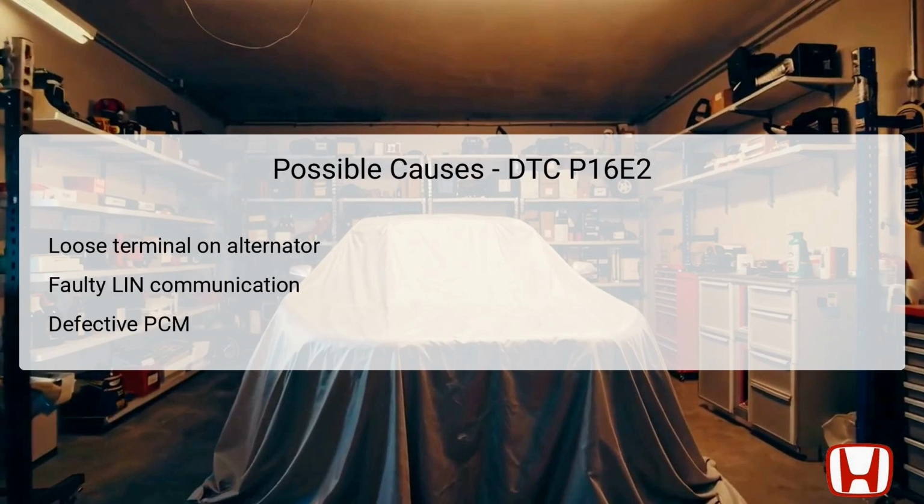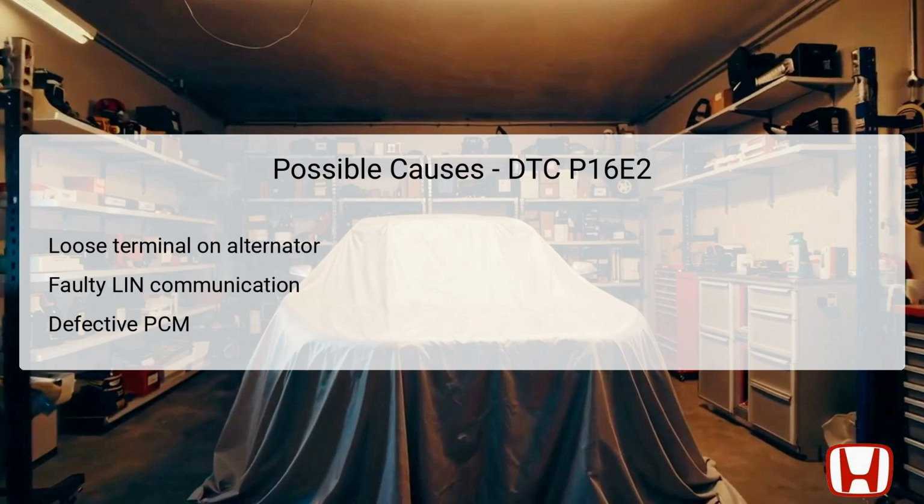Understanding the possible causes of the P16E2 error can significantly aid in troubleshooting. The most straightforward explanation for this error is a loose terminal on the alternator's positive battery terminal, which may prevent proper electrical contact or signal transmission. Additionally, issues can arise from faulty LIN communication.